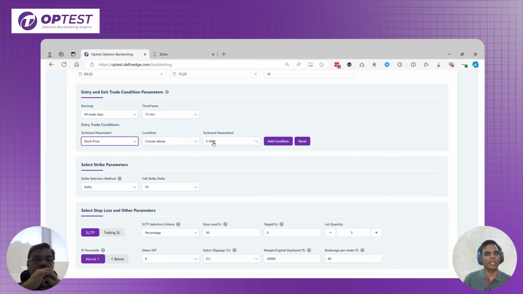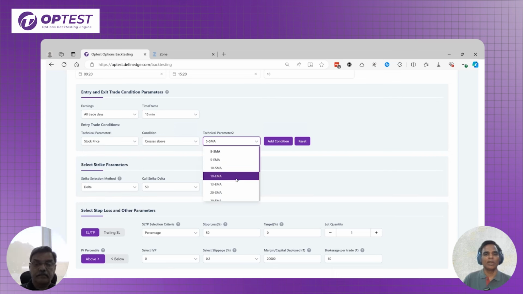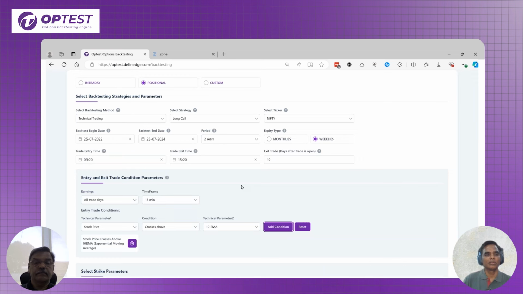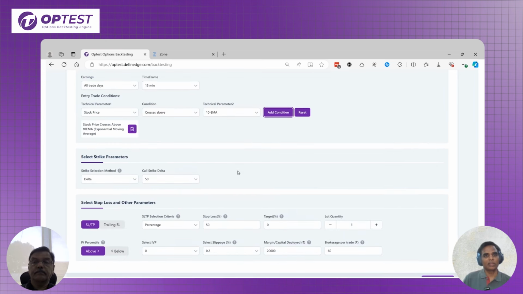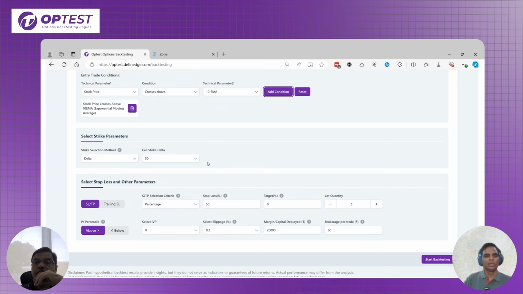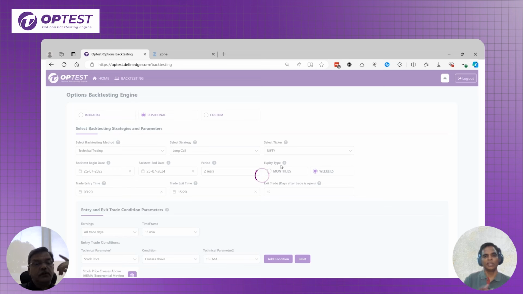Let's say stock price crosses above 10 EMA, then you want to buy a long call. And when you want to buy is 9:20. And the exit will be based on stop loss, so let's say 30%. And exit after 10 days.